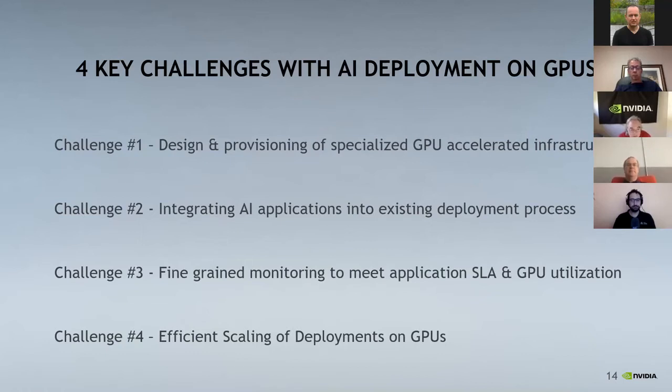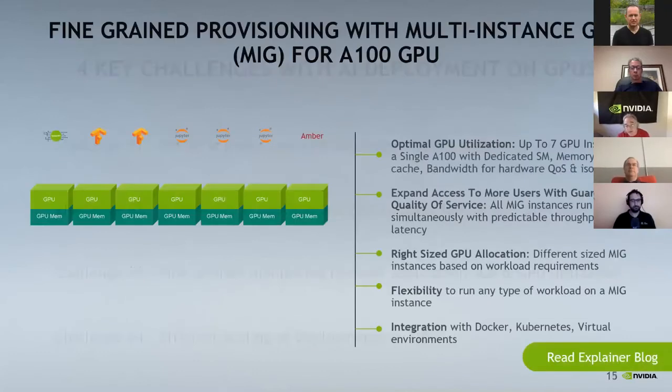Also, and I think really relevant to this audience, is fine-grained monitoring to be able to meet application SLA and GPU utilization, and then scaling those deployments out so that you can reliably predict whether you can handle a given workload or whether you need to schedule or look at increasing capacity, or potentially outsourcing, bursting to the cloud in some cases where that makes sense.